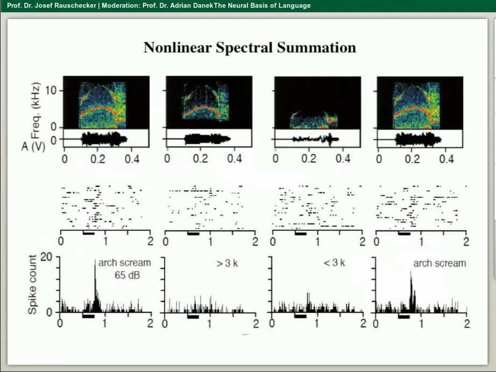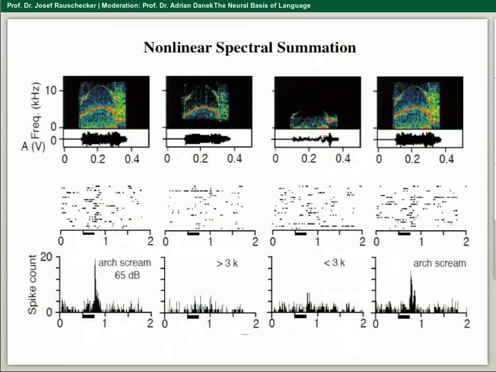We take away the low frequencies and only play the high frequencies, or we do the opposite: we only take the low frequency portion and take out the high. In both cases, it has a pretty strong effect. There's no response now; there's no peak to either the high or the low frequency. You might ask why that is possible. Well, it's a nonlinear summation. Both of these frequency ranges have an influence on the response, but one alone is not enough.